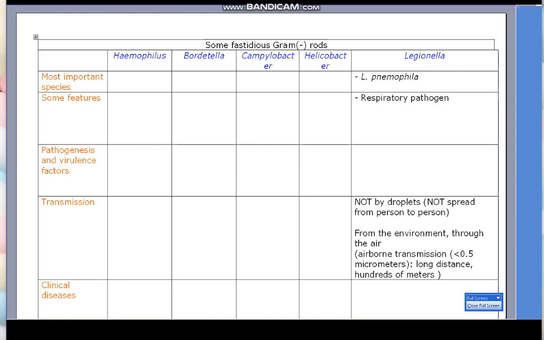Legionella pneumophila lives in the environment, usually in humid places, in places with water. For example, in nature, Legionella pneumophila lives in lakes. And in pipes of buildings, for example, in pipes that contain water, of course.